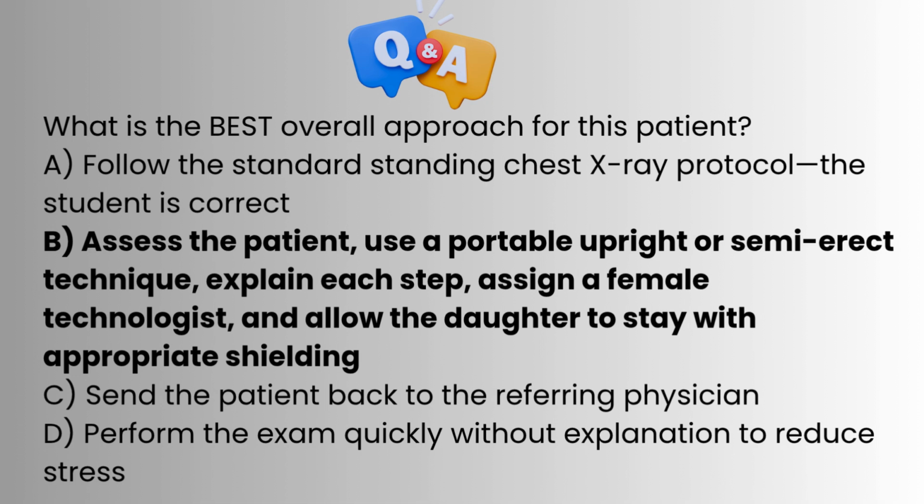So this explains everything about the first part, which is patient assessment. Is the patient fine? What's wrong? Collect your data, analyze it. After analyzing what's wrong with her, what's your plan for the examination? You could use a portable upright. Since she's in a wheelchair, you can do it while she's sitting. Just place a detector behind her, or you can do it in a semi-erect position as well.